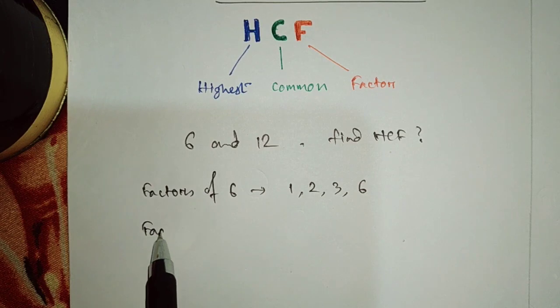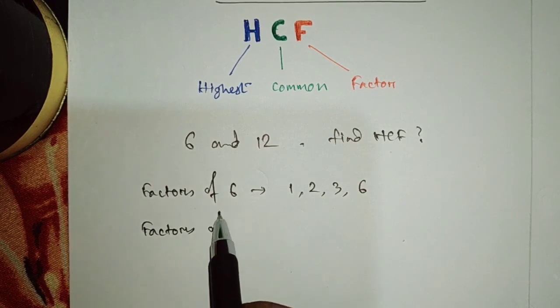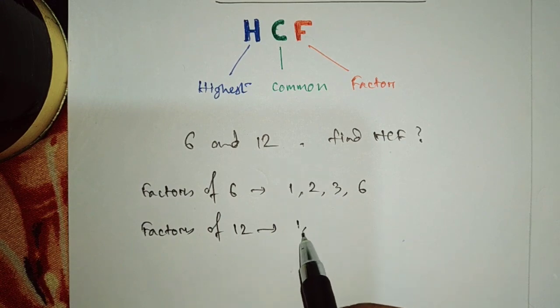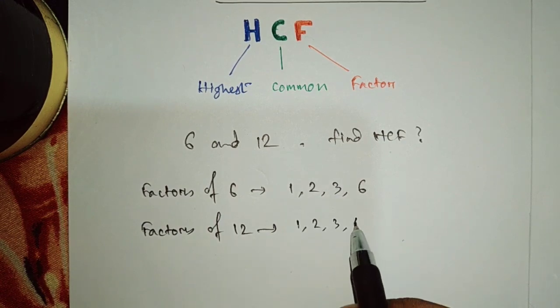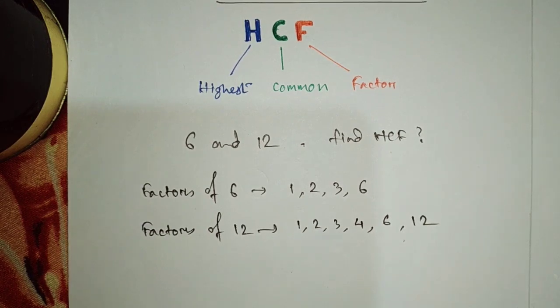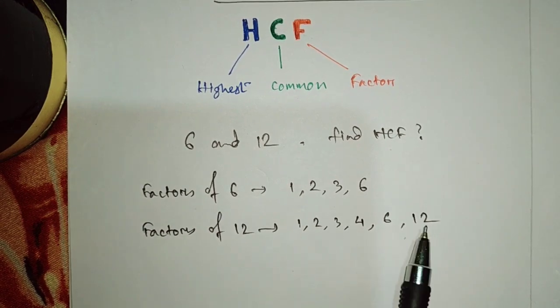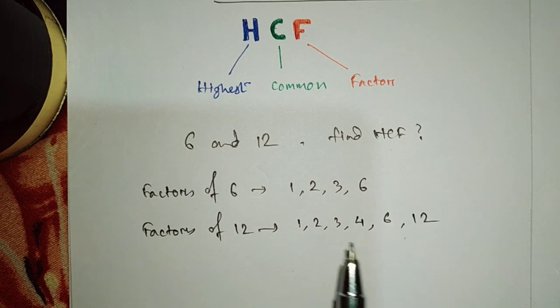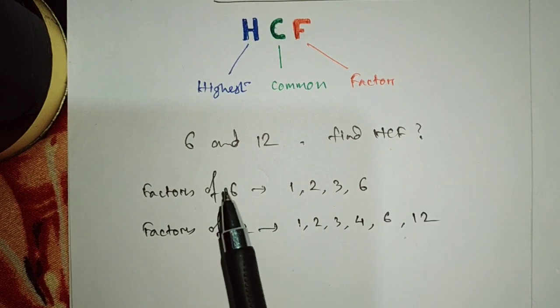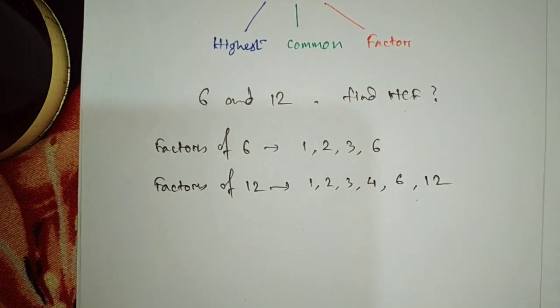And what are the factors of 12? It will be 1, 2, 3, 4, 6 and 12. So these are the factors of 12. That means 12 is divisible by these numbers and 6 is divisible by these numbers. So out of these, what are the common factors?